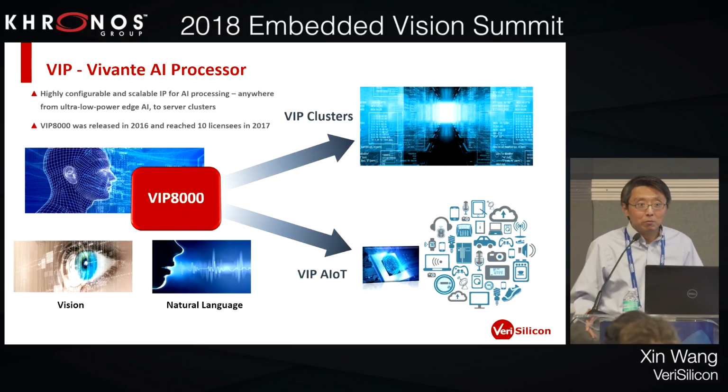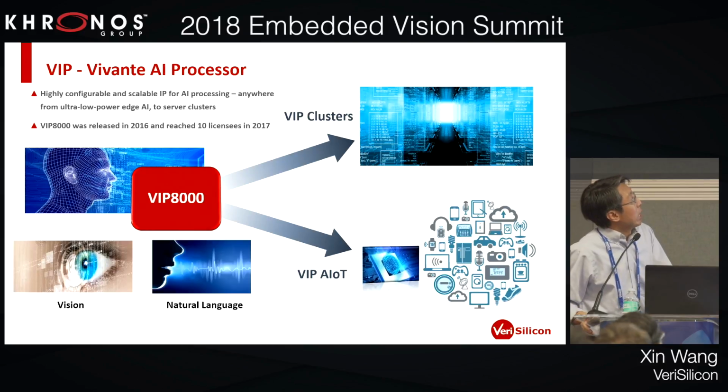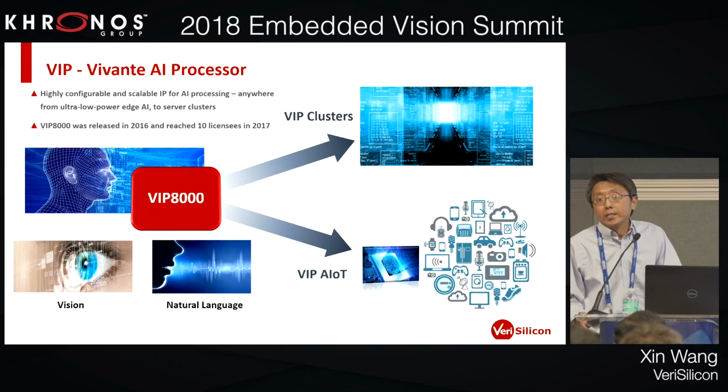Basically, for this VIP product line, we started quite early, probably 2014. The first release was in 2016, the VIP 8000. And until last year, the licenses reached 10. I think it's more than 10 right now.